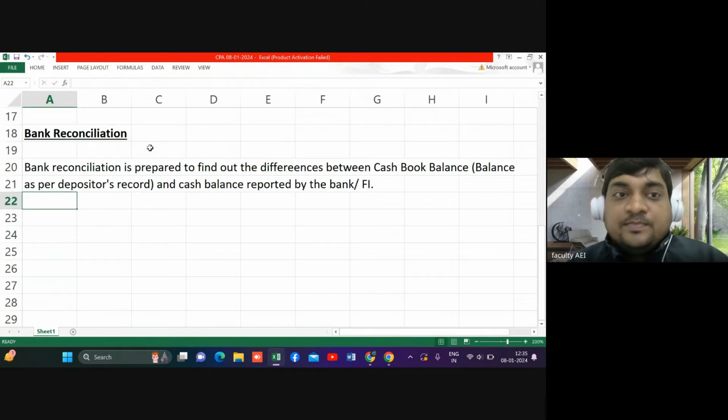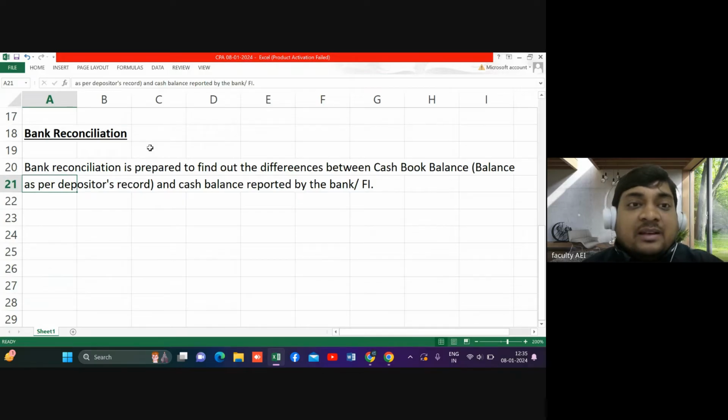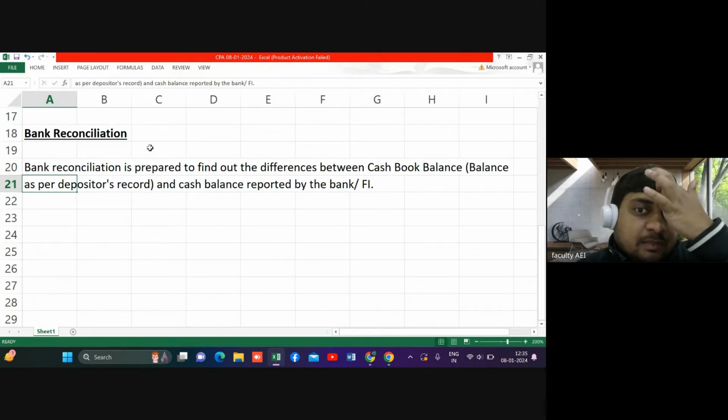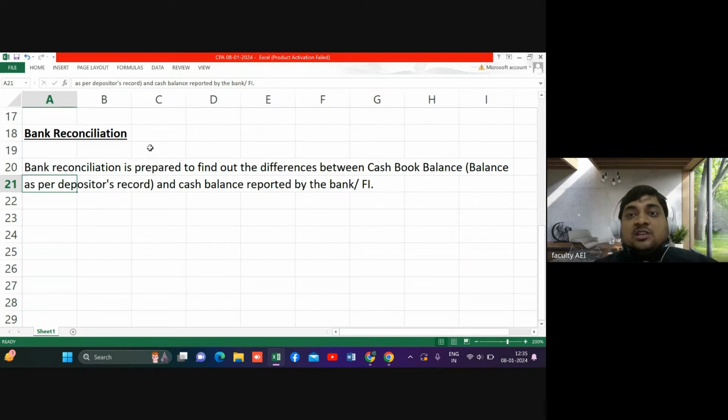Now, basically, what is a bank reconciliation statement? Basically, there are timing differences, right? Suppose I deposit a check today, right? The same day it won't be collected by the bank. There is a process of collection. Once we deposit a check with the bank, my banker will send it to the issuer banker, and the issuer banker will check whether sufficient funds are there in the account of the person who has issued the check. Accordingly, money will be transferred, right?